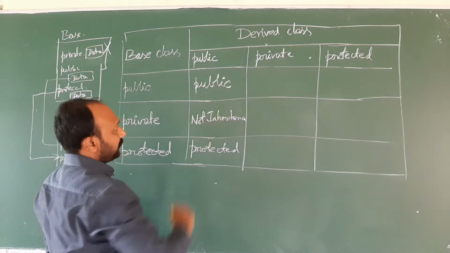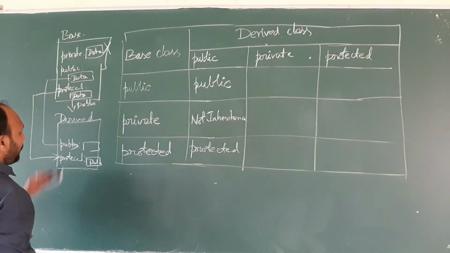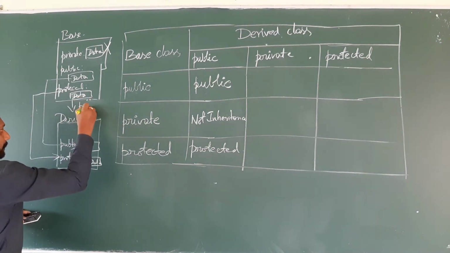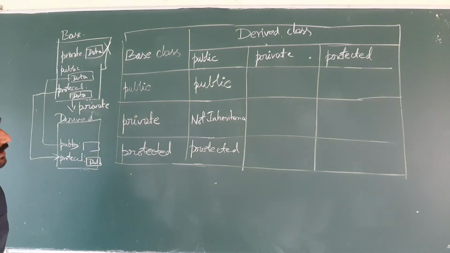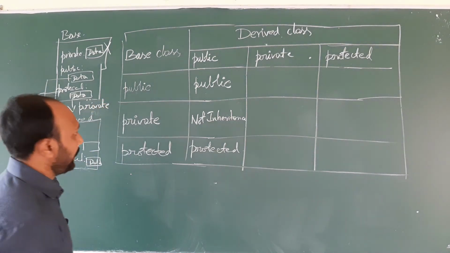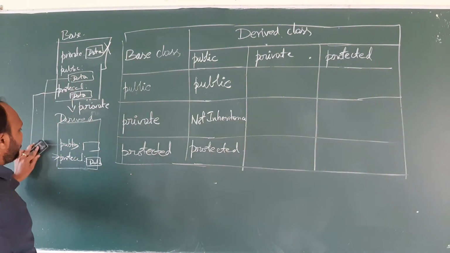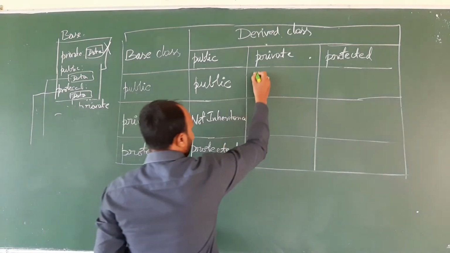Now let us go with private inheritance. If there is a base class and I would like to derive a new class with private type of inheritance, then what happens? Public members of the base class will become private members of the derived class.